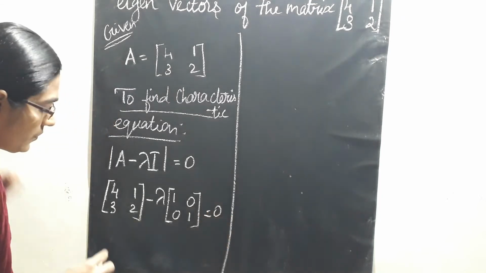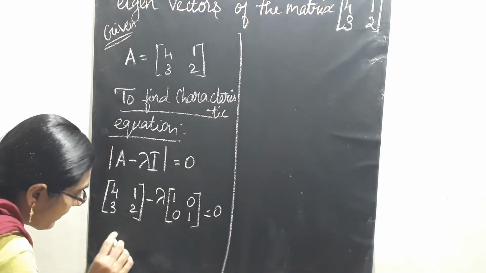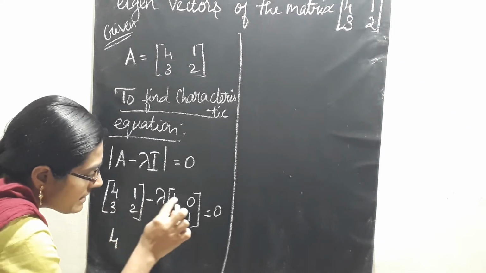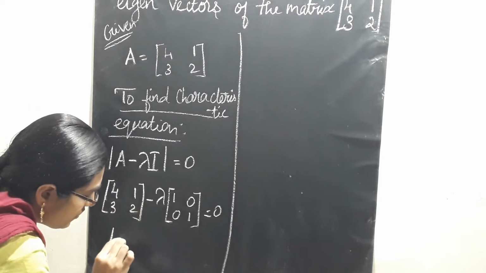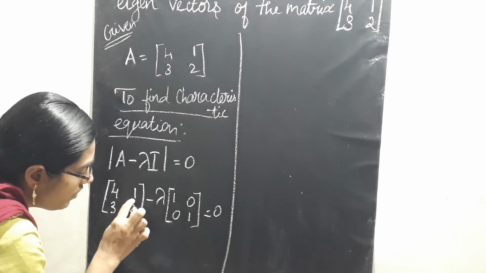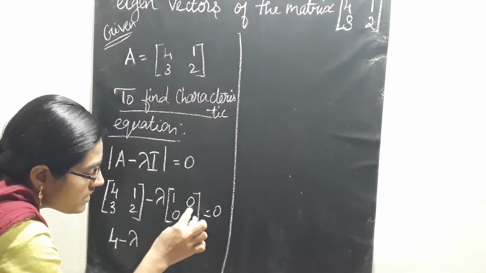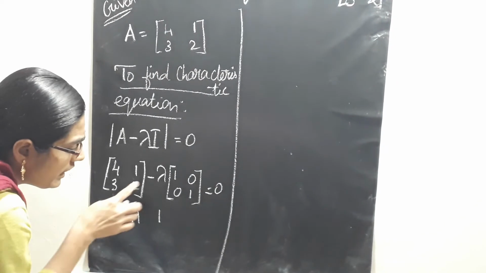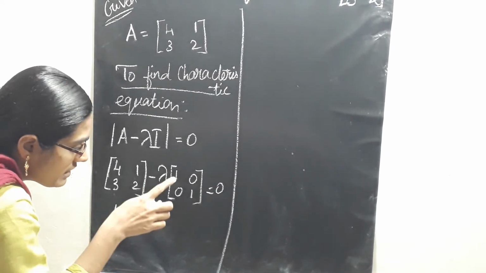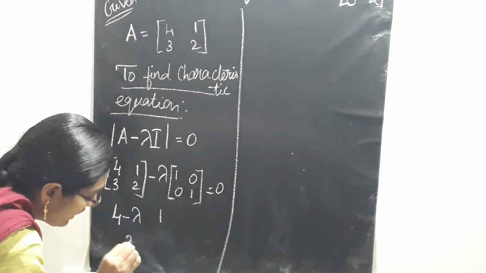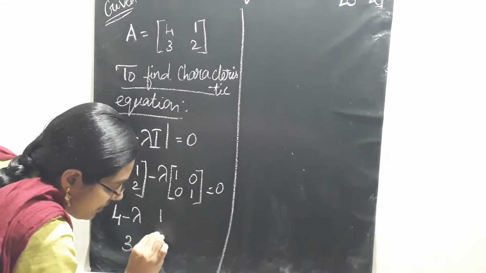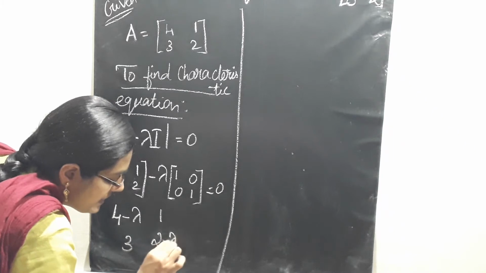So first subtract this, you will get 4 minus lambda into 1. So you will get 4 minus lambda, 1 minus lambda into 0 is 0. So that you will get 1 only here, and 3 minus lambda into 0 is again 0, therefore we will get only 3. 2 minus lambda into 1 is 2 minus lambda.